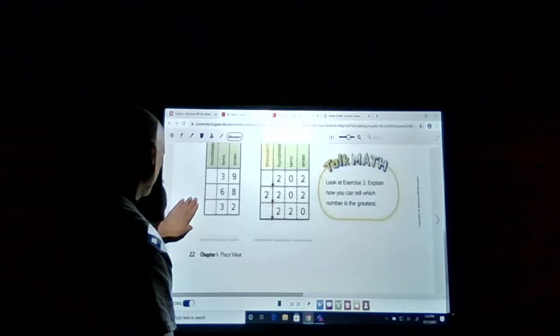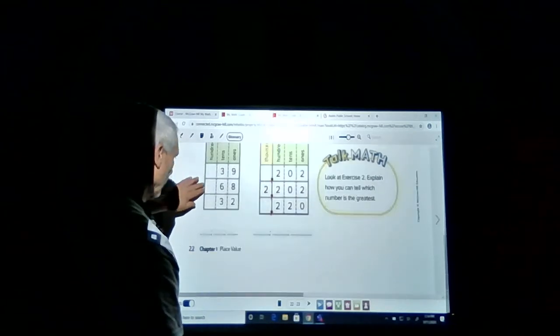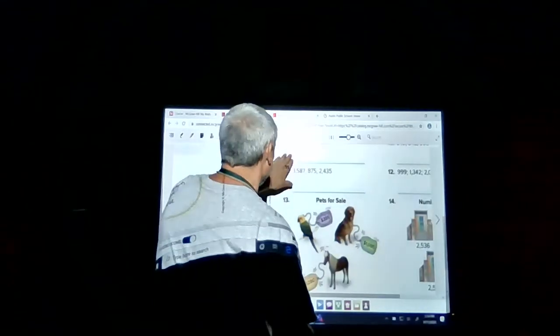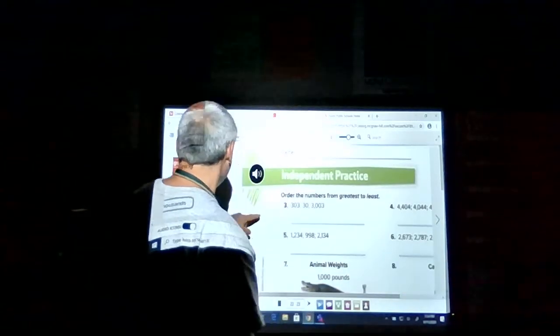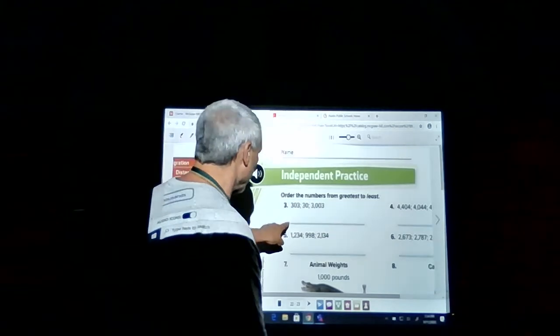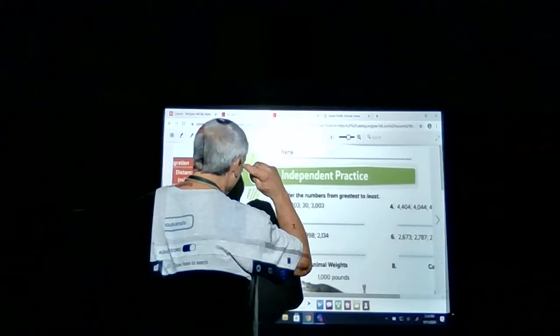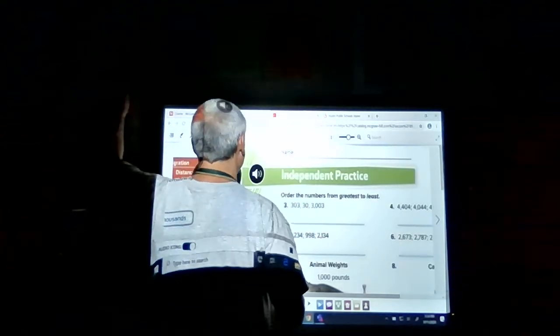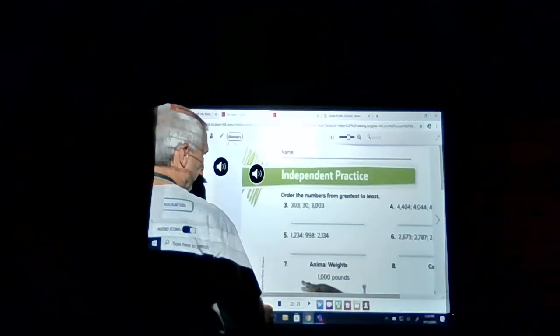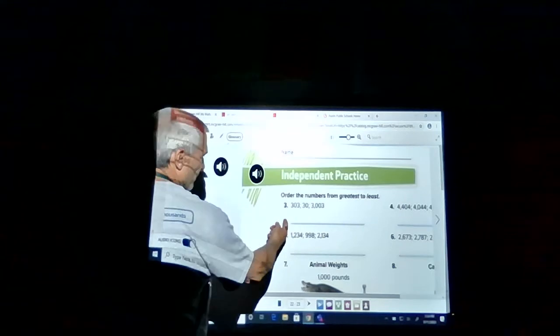I'm going to erase that. And I think you guys are going to be set to do your independent practice. Let's try the first one together. Now I can think of a number line. Which one is the smallest? To the left. If I made a number line, we have, let's read these numbers first.